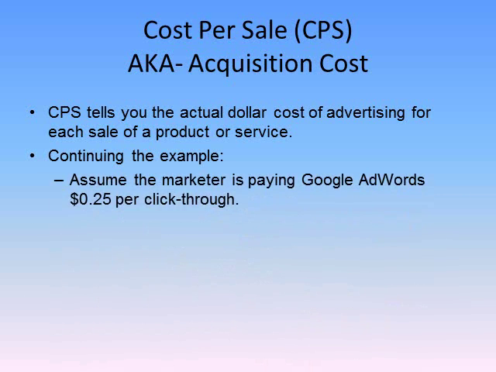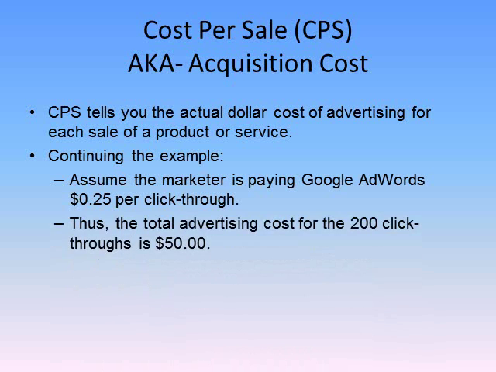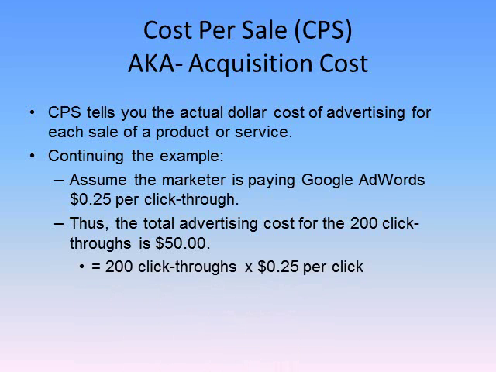Let's continue with the example. Let's assume that the marketer in our example is paying Google AdWords 25 cents for each click-through. So, the total advertising cost for the 200 click-throughs is $50. 200 times 25 cents, $50. Right?